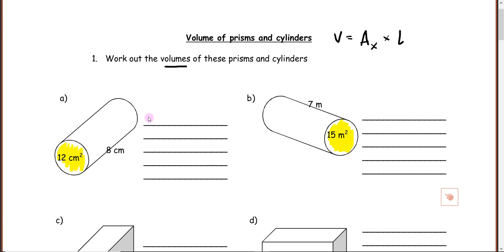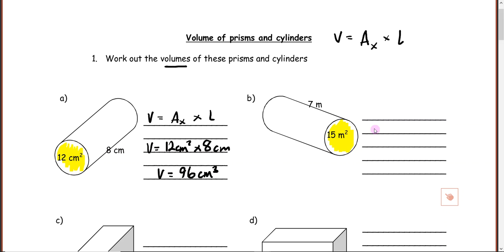So I know that if volume is the cross-sectional area times the length, that means the volume is 12 centimetres squared multiplied by 8 centimetres. So my volume is 96 cubic centimetres. Okay? It is as simple as that.